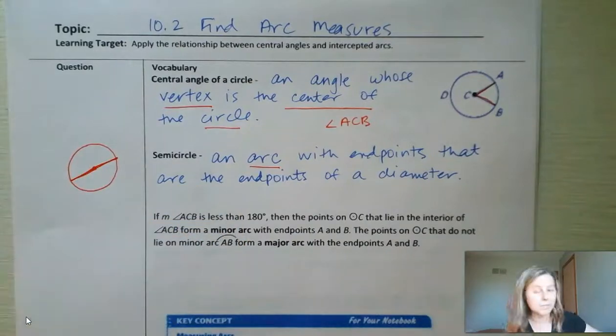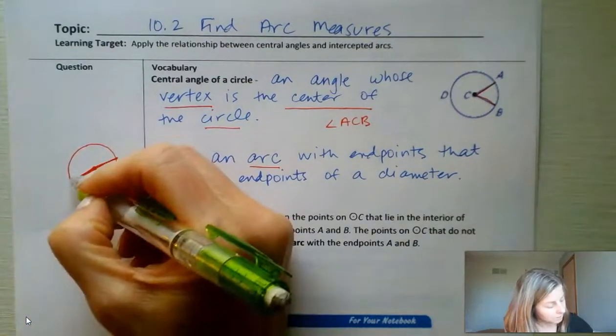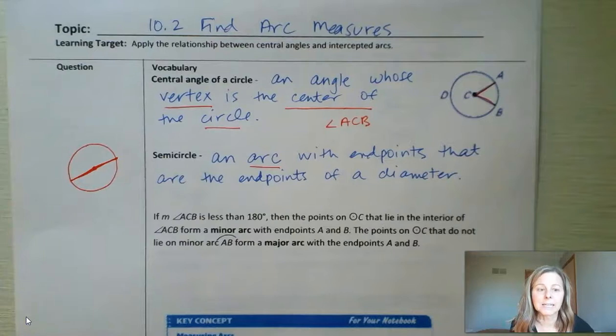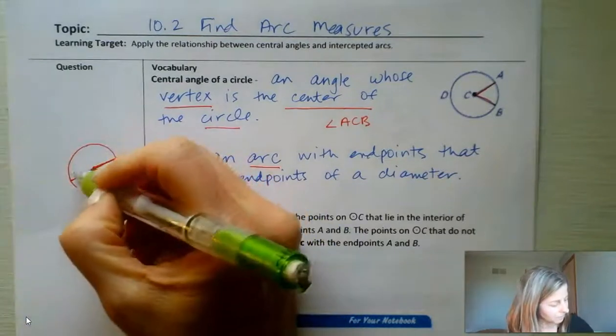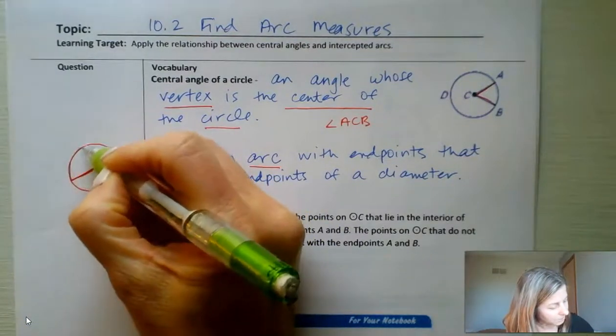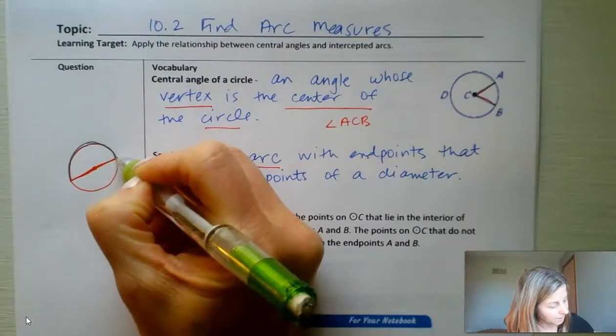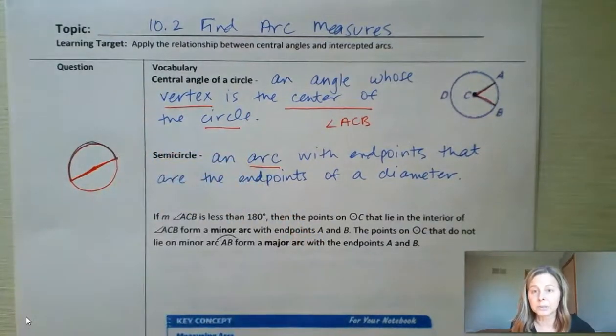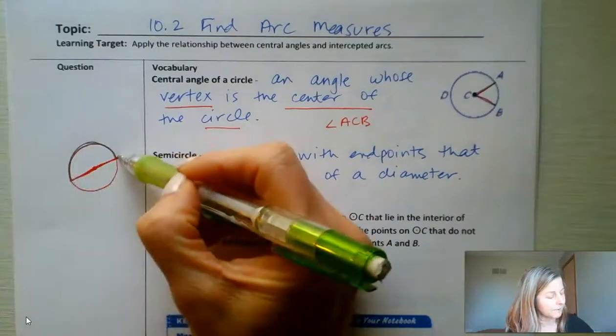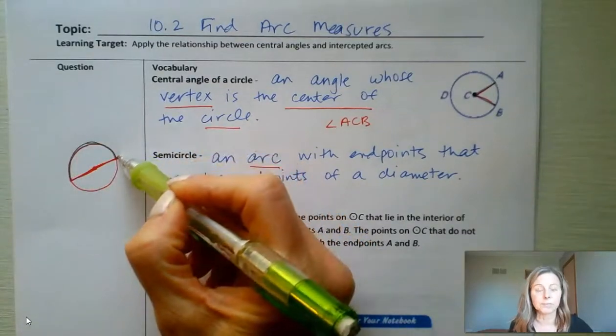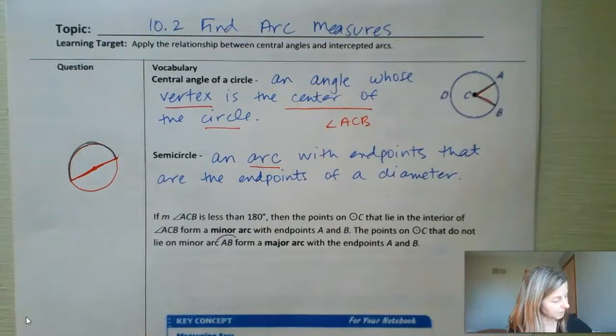The semicircle would be the arc. I'm going to have to use a pencil, because if I highlight, then I can't erase it and re-sketch on it. So if I draw over this arc, that's a semicircle. Hopefully you know a semicircle is like half of a circle. We have gone halfway around the circle itself. So that would be a semicircle.